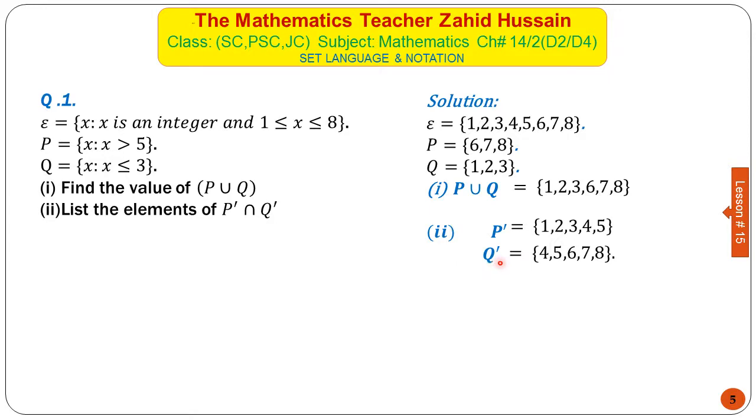Now we will find the intersection of these two sets, P complement and Q complement, that is those elements which are common in P complement and Q complement. So elements which are common in P complement and Q complement are 4 and 5. So this is its second part.